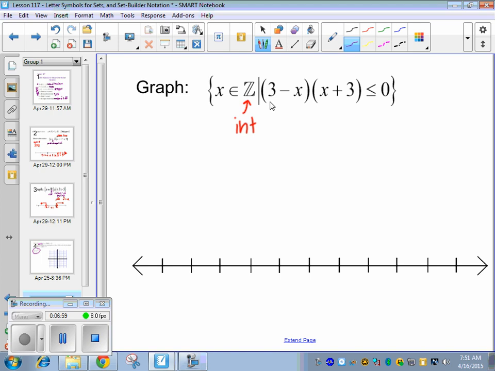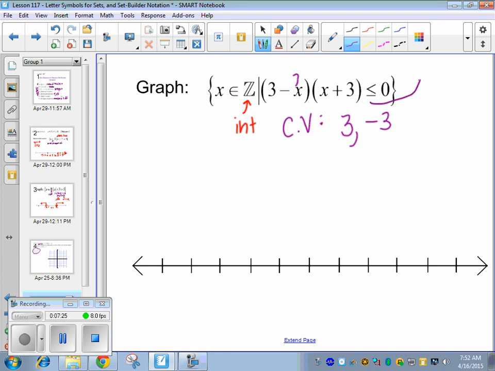So my critical values are what gives me 0. So what value of x would give me 0 in the first set of parentheses? What'd you say? Positive 3. Good. If I plugged in 3, I'd get 0. And how about here? What critical value is this one? Negative 3. All right, we're doing integers. It's important to remember that.